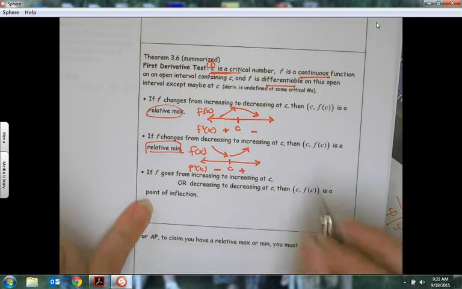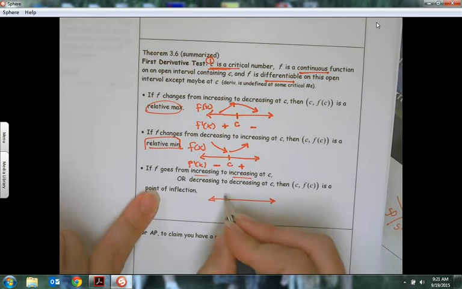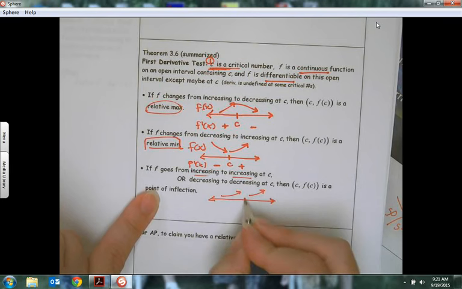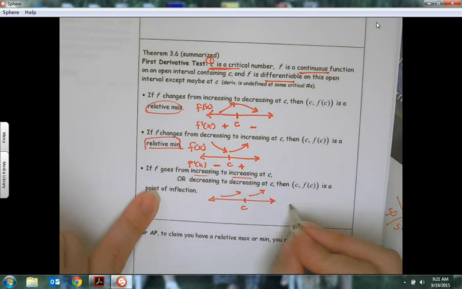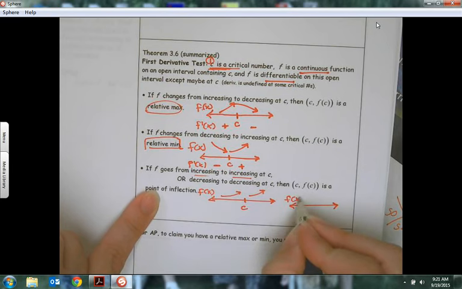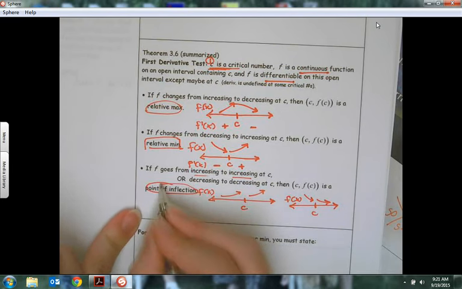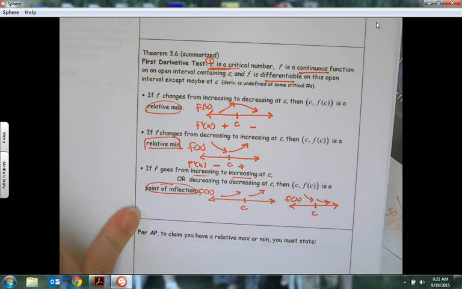If I go from increasing to increasing at some critical number, or if I went from decreasing to decreasing, then I'm going to have a point of inflection at that c instead of a relative max or a min.